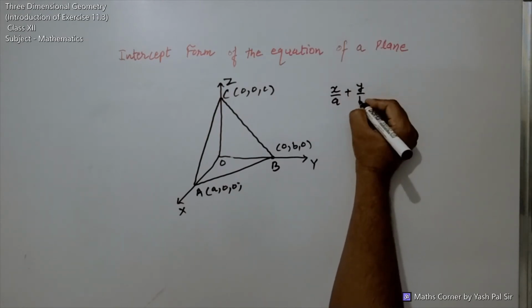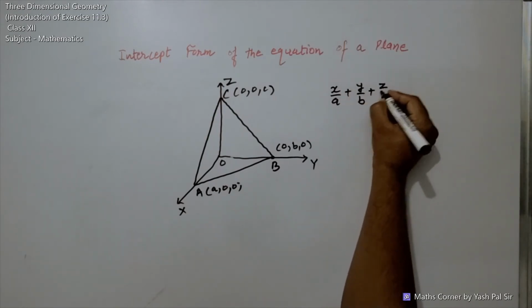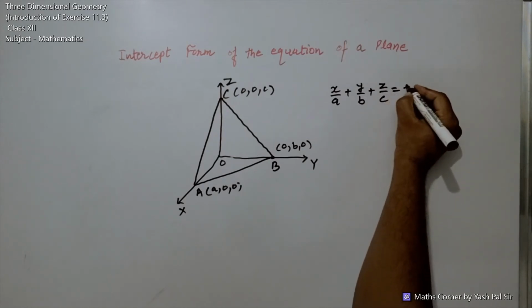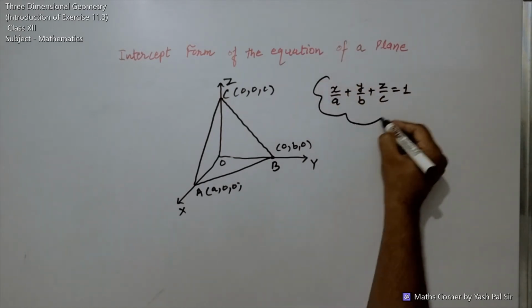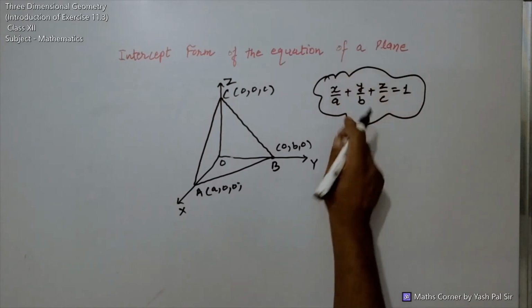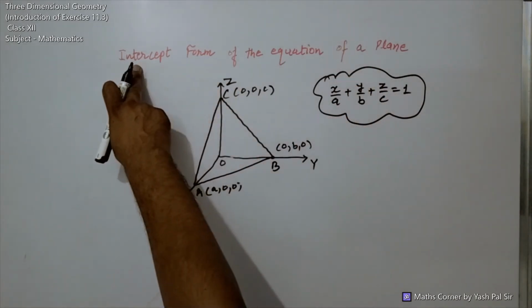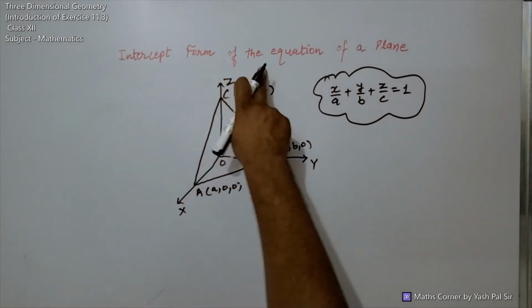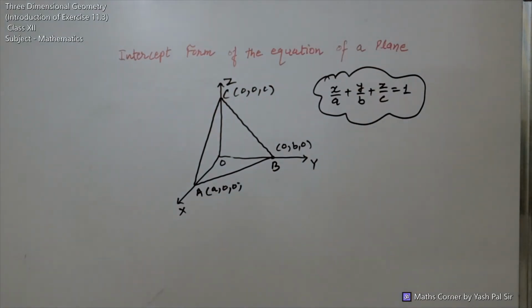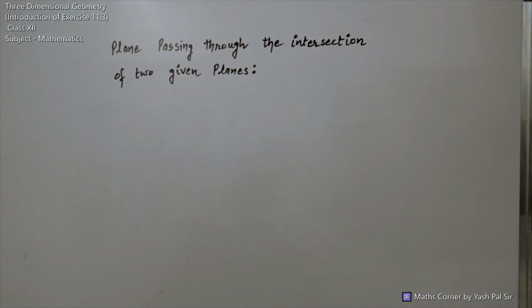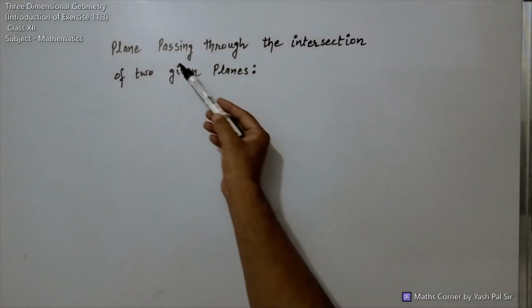So this way x/a + y/b + z/c = 1 is the equation of the plane in Cartesian form. This is called the intercept form of the equation of a plane.